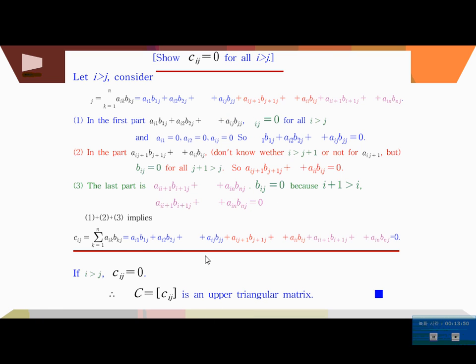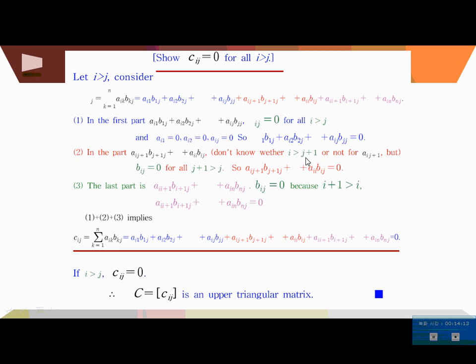How can it be done? Here, c_ij, which is a summation of a_ik b_kj, can be written in this way. We split it into three parts: first part, second part, and third part. Then for all i bigger than j, we can easily show this part is 0.